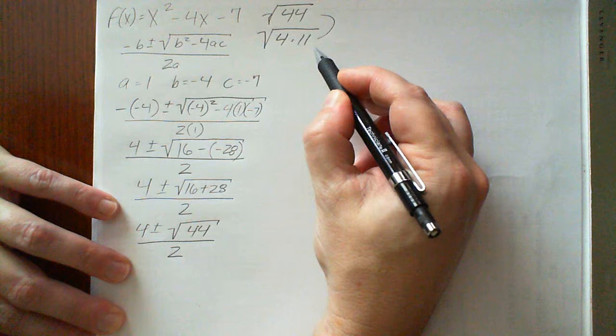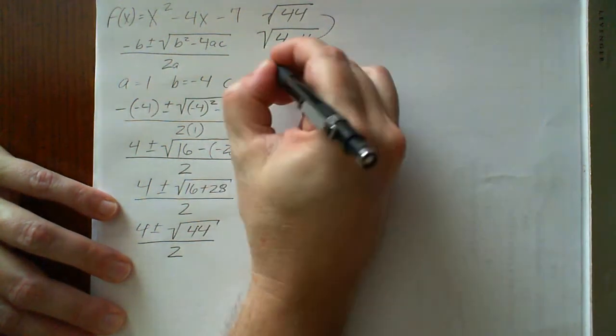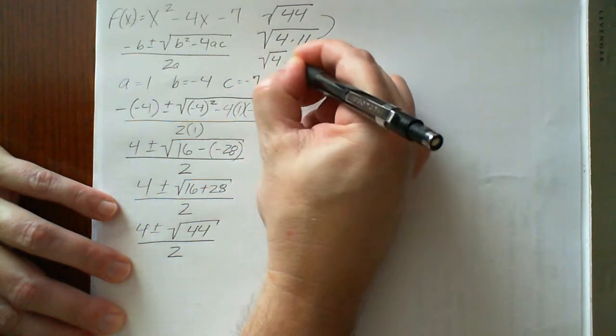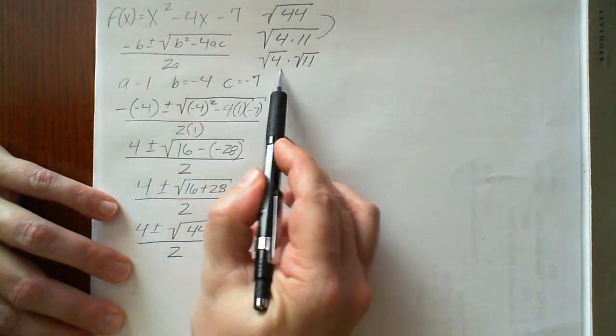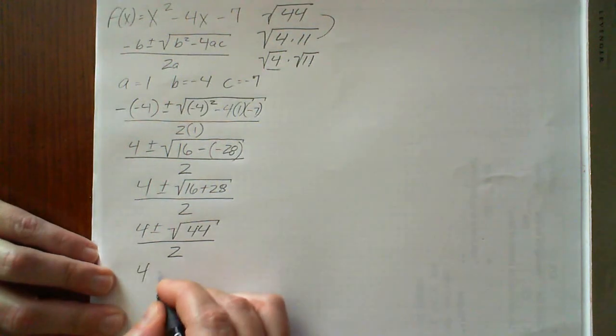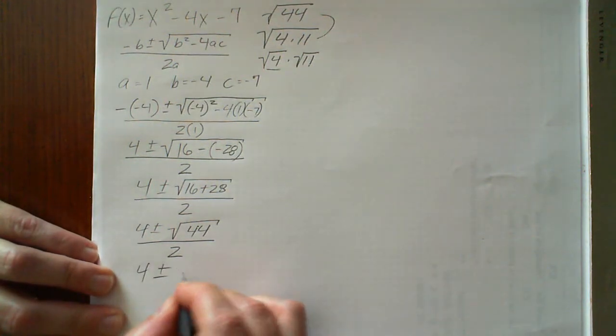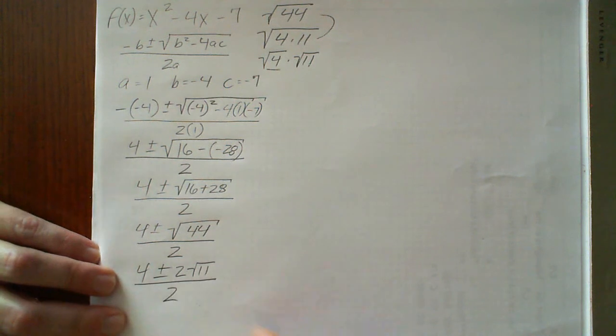So I'm just writing things in equivalent form here, which is also written as the square root of 4 times the square root of 11. And obviously I can simplify the square root of 4, that's 2. So 4 plus or minus 2 square root of 11 over 2.